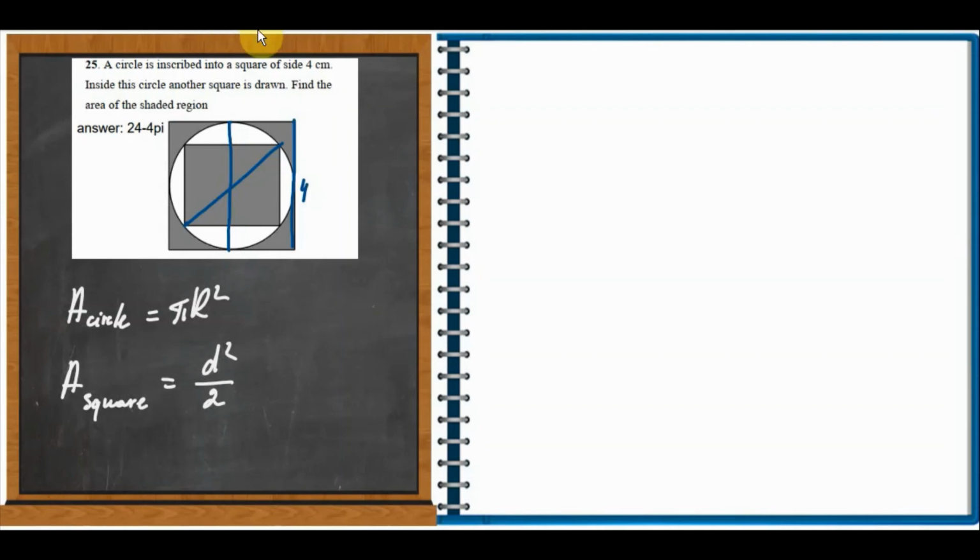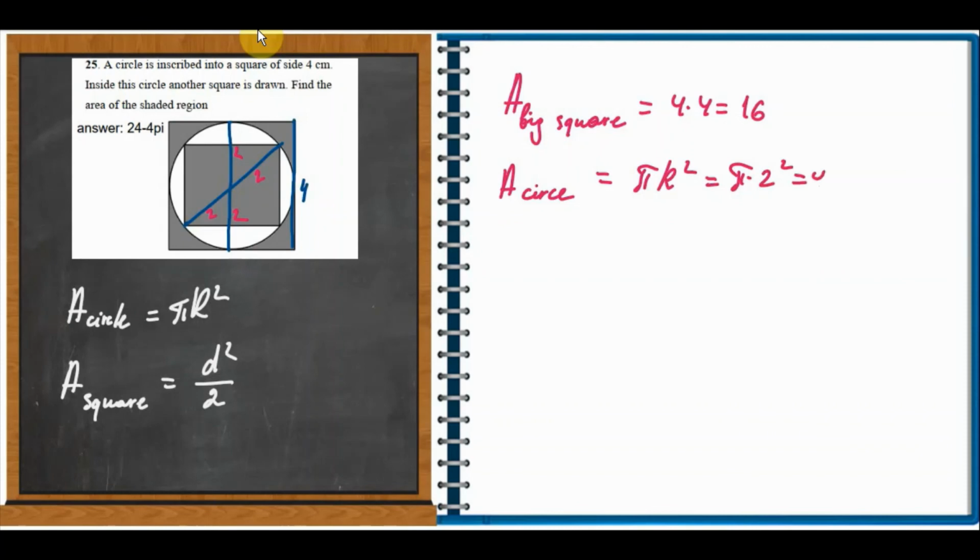Now, if we find the area of the bigger square, it's going to be 4 times 4, which is 16. Then, the area of the white circle is going to be pi r squared, and we know that if the diameter is 4, the radius is going to be 2. This is going to be pi multiplied by 2 squared, that's 4 pi.